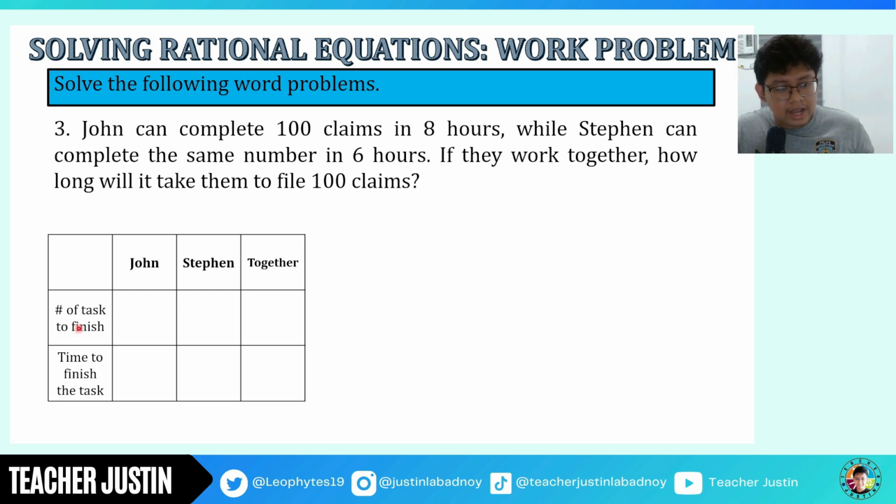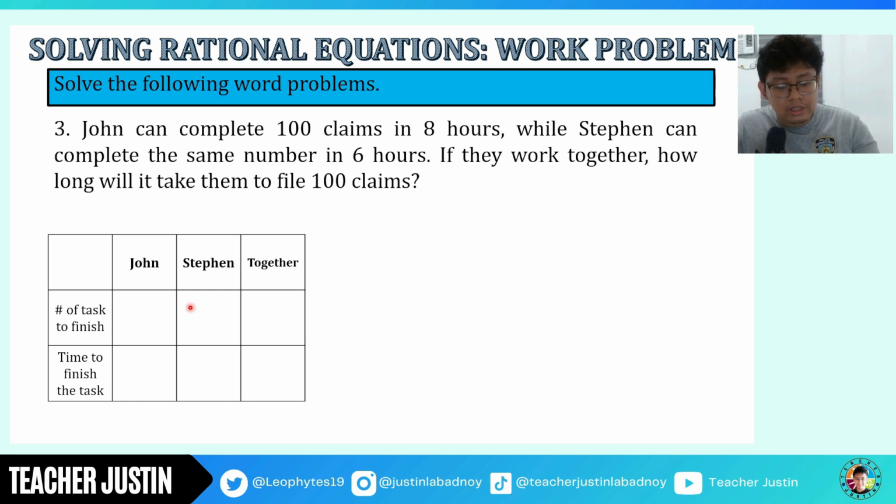And then we will gather the number of tasks that they need to finish and the time that they will finish the task. Now, based on our problem, we will place here 100 for John, Stephen, 100, together 100 claims. But instead of doing that, we know that they are working for filing 100 claims.